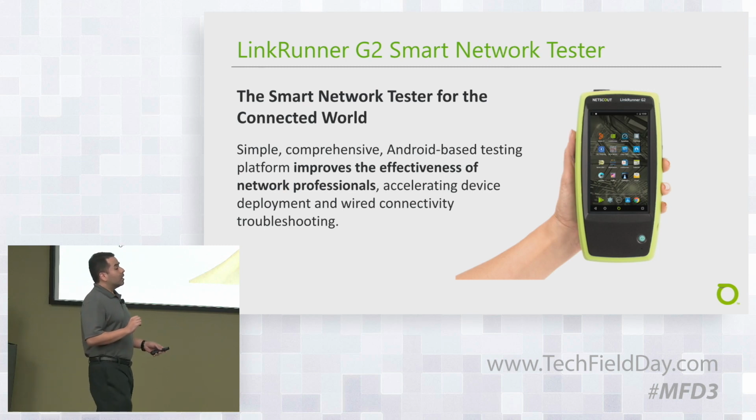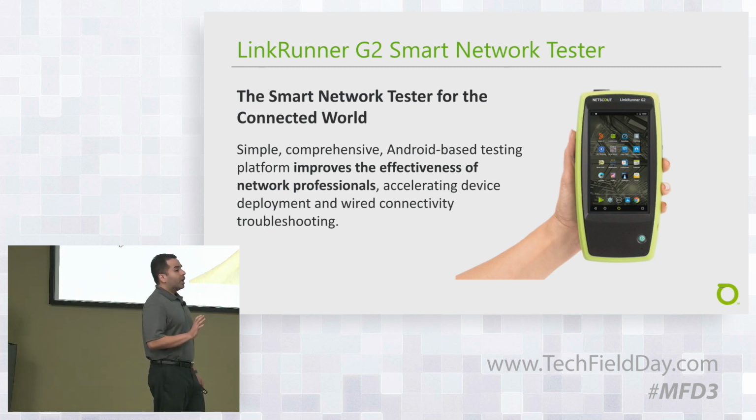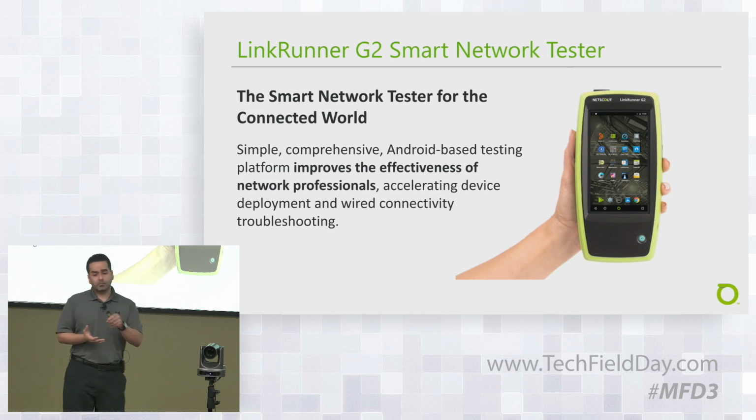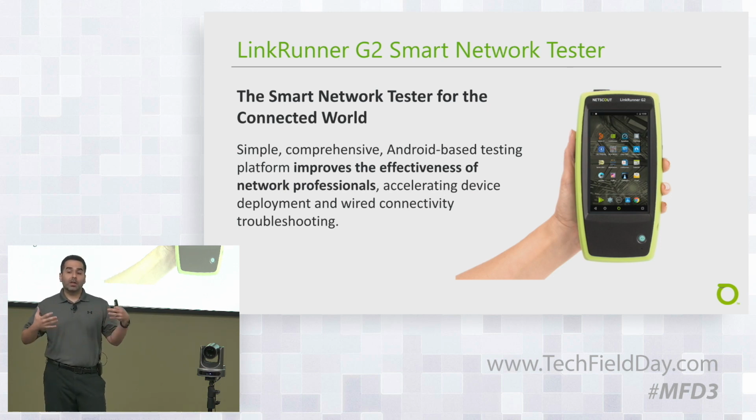And the reason we call it a smart network tester is that, different from other testers on the market, the LinkRunner G2 is a combination of a wire tester and a phone, or basically an Android device.